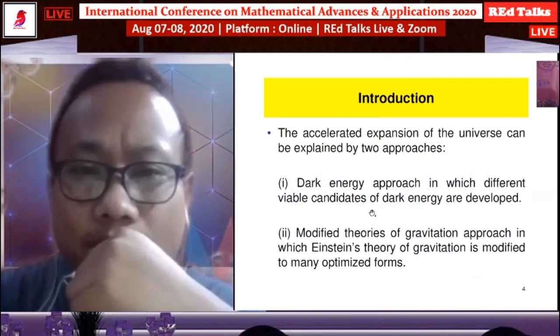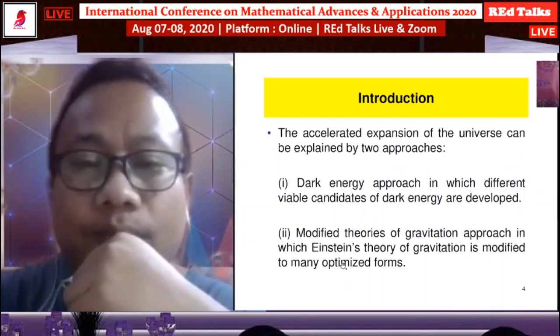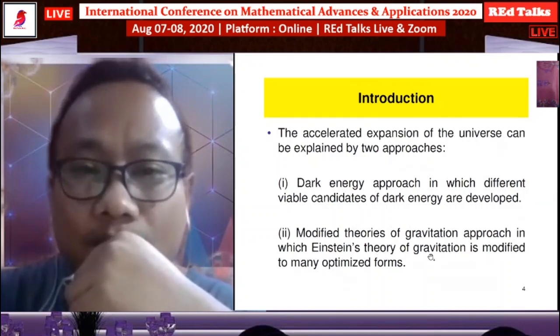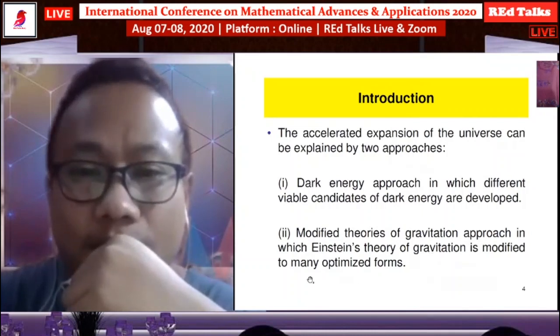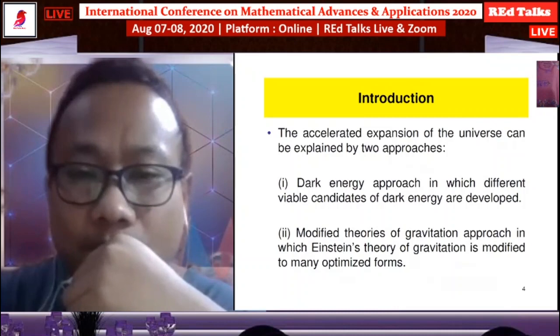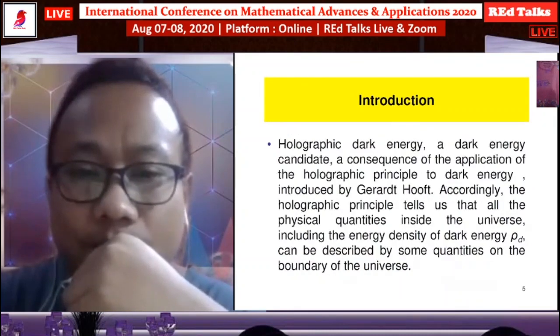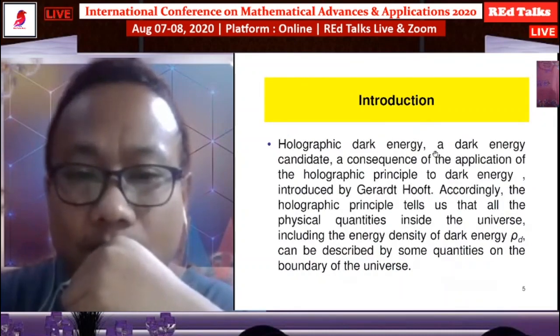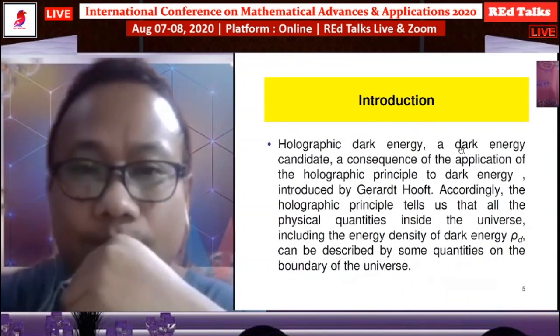The accelerated expansion of the universe can be explained by two approaches. The first is the dark energy approach, in which different viable candidates of dark energy are developed. The second is the modified theories of gravitation approach, in which Einstein's theory of gravitation is modified to many optimized forms.